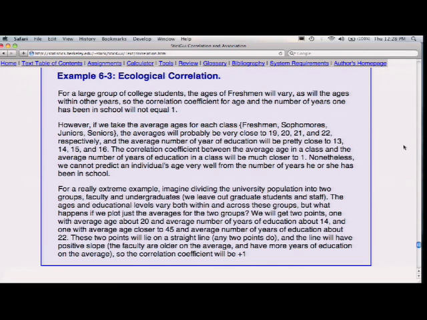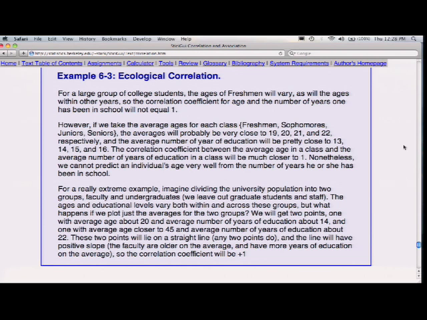If you averaged people by grade and then looked at how well you could predict the average age from their grade, the difference in the average age by grade is going to be very, very close to 1 year, right? But predicting an individual's age from the individual's year is much, much harder.